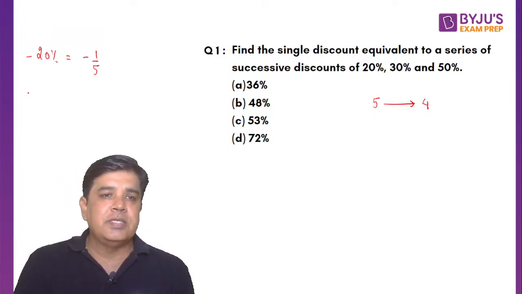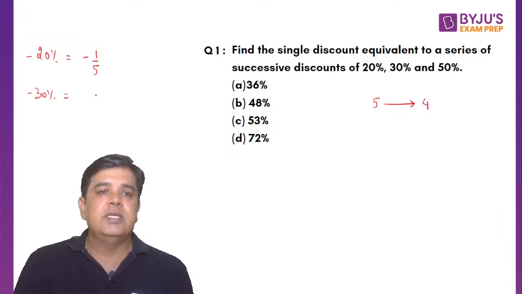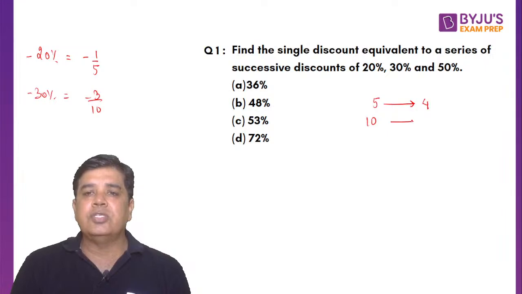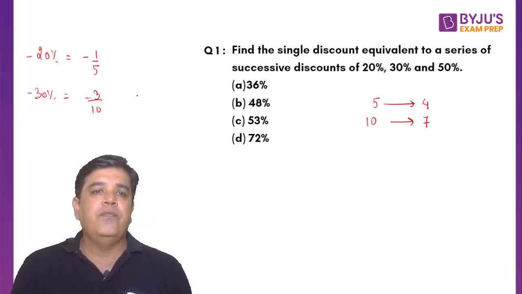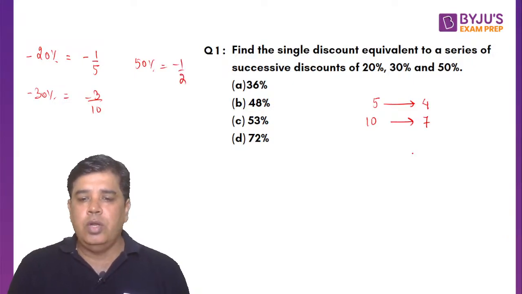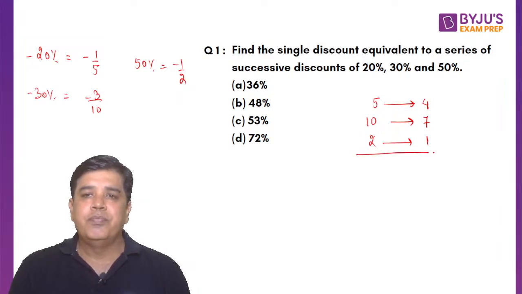5 and 4 are units. What is 30%? 30% is 3 by 10. So on 10 there is a reduction of 3, so 7 is the outcome. And 50% means half, 1 by 2. So on 2 the reduction is 1, so 1 remains.